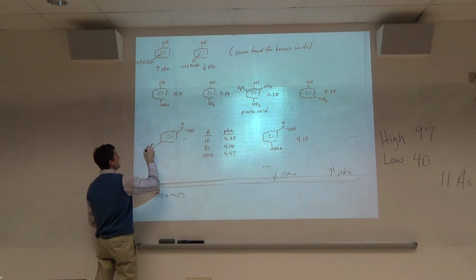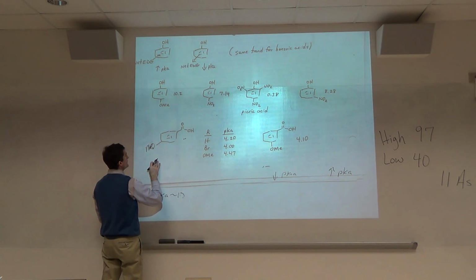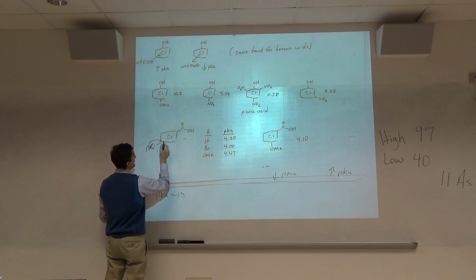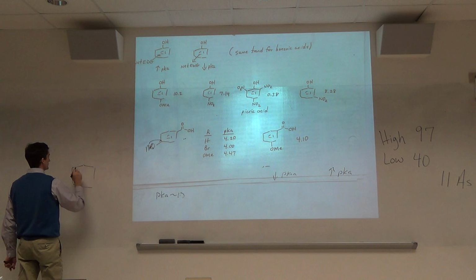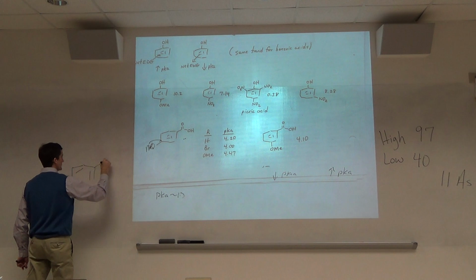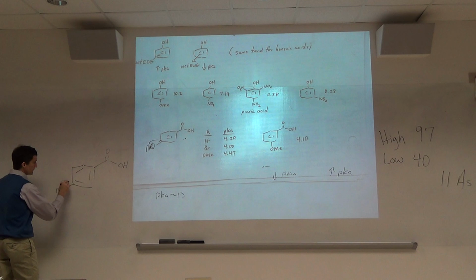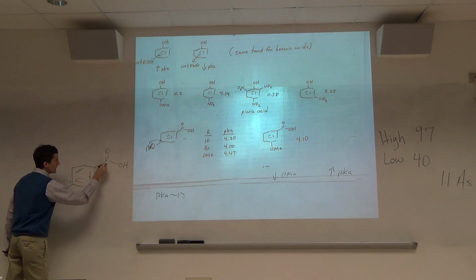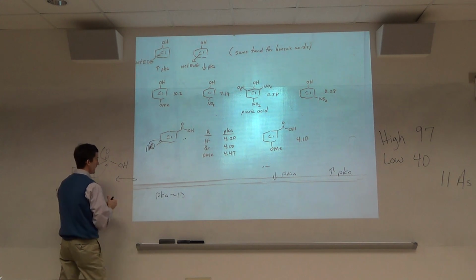Right, if this was an OMe, we can draw a resonance structure. I'll do it all at once here. Electrons in. I really don't have my pi bonds drawn there sufficiently. We do it all at once, electrons here, electrons here, electrons there, electrons up. And we can get a resonance structure.